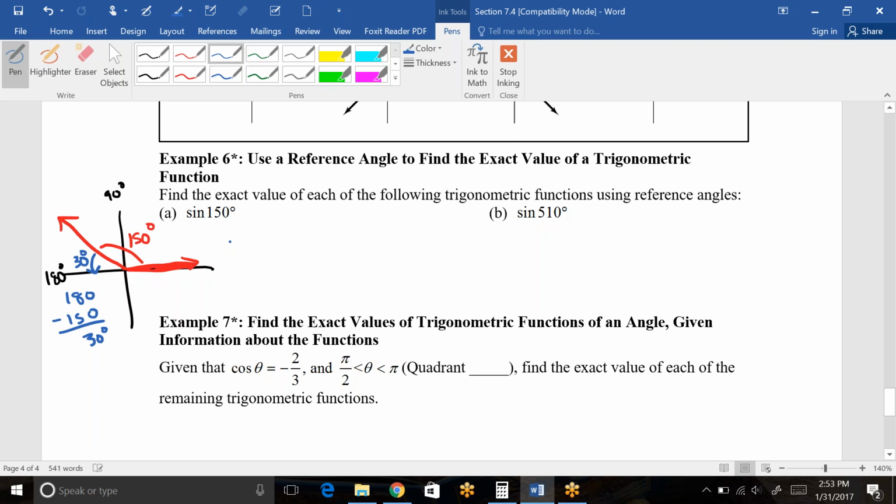So really what we're looking for is what is sine of 30 degrees in quad 2. Okay, so if you think about drawing a little triangle over here, I always do triangles because that helps me. So here's my little 30 degrees, this is my 90-degree angle, and this is 60. So remember, across from 30 is 1, across from 90 is 2, and across from 60 is square root of 3.